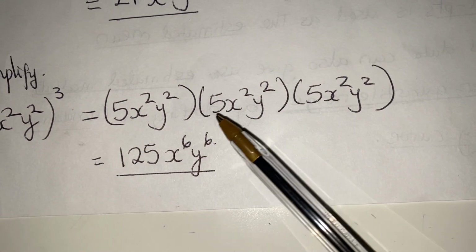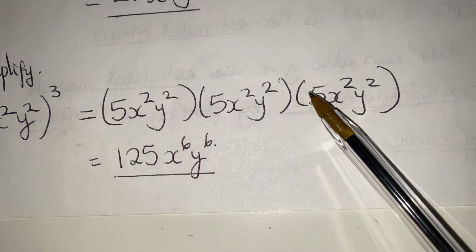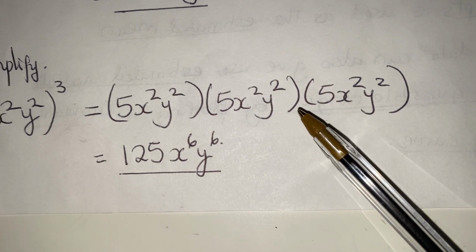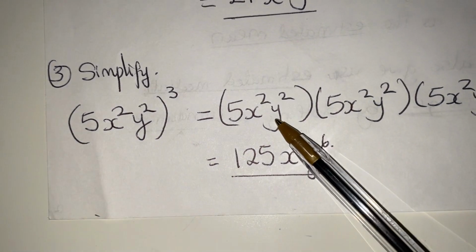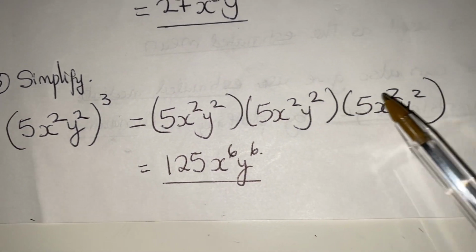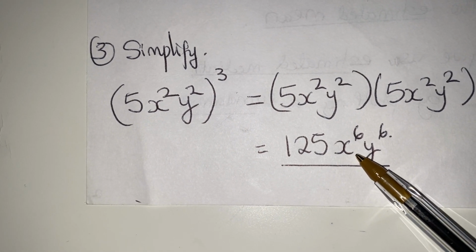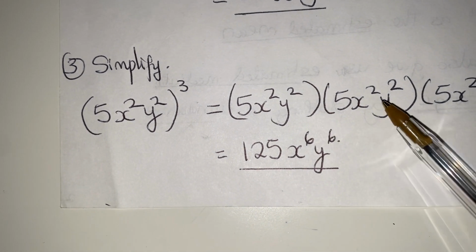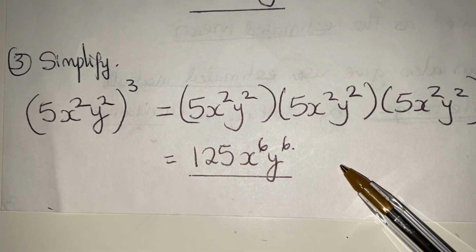Now 5 times 5 is 25, times another 5 is 125. So that is it. X squared will be x to the power 6. Y squared is y to the power 6.